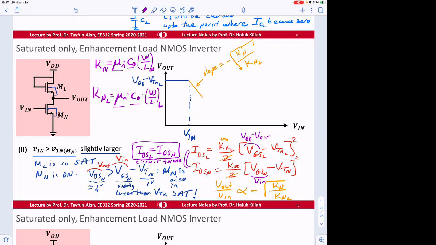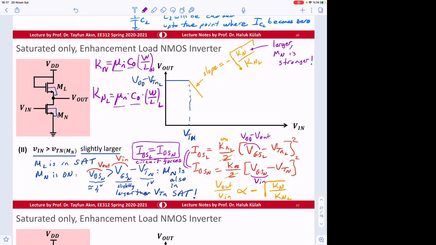Therefore, the W/L ratio will determine the Kn value for each transistor. So if Kn is larger, that means Mn is stronger.